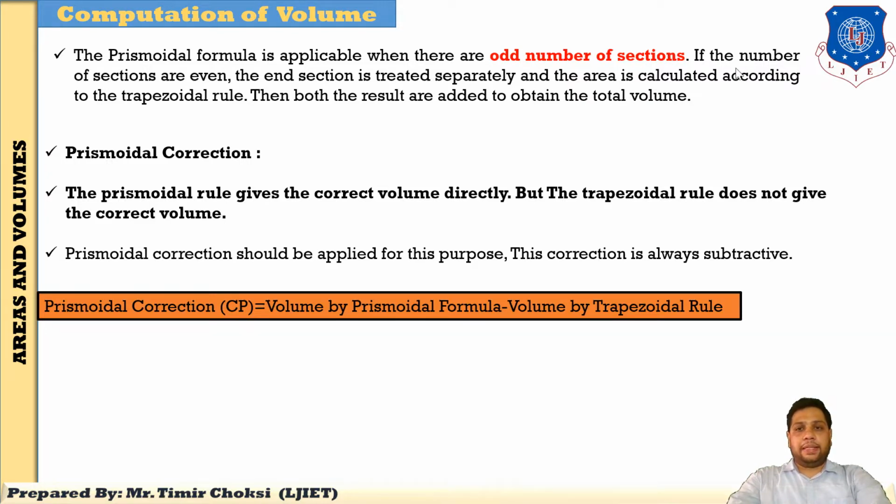But when in an example the number of sections is given as even, the end section is treated separately and its area is calculated according to the trapezoidal rule, and then both results are added to obtain the total volume.